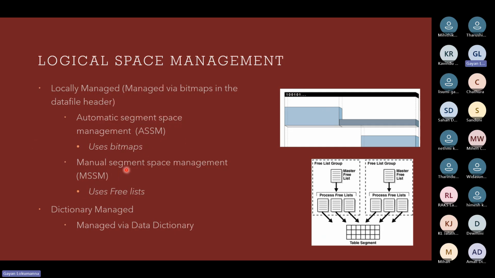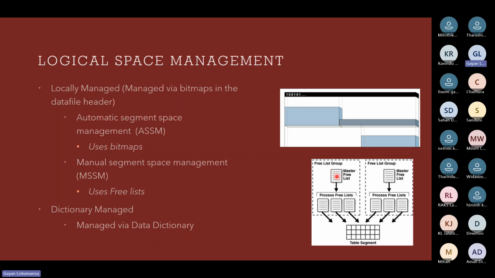Then we also have manual segment space management, where we use something called a free list. I hope you can see a small diagram below here, which talks about the free list. We also have something called free list groups, so a collection of free lists will make up a free list group. A free list is none other than another block.